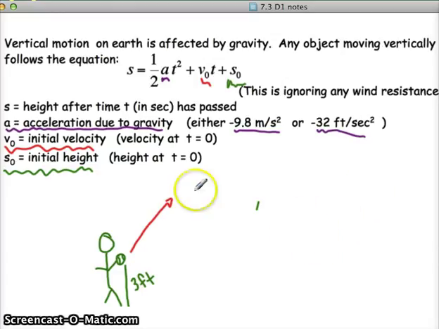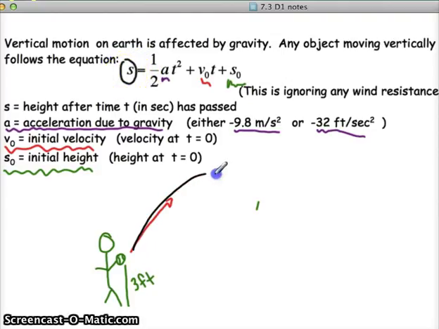And then s at the end here, this s is the height after a certain time, after any given time. So there's two s's. s sub 0 is the initial height. This is the height at any given time.